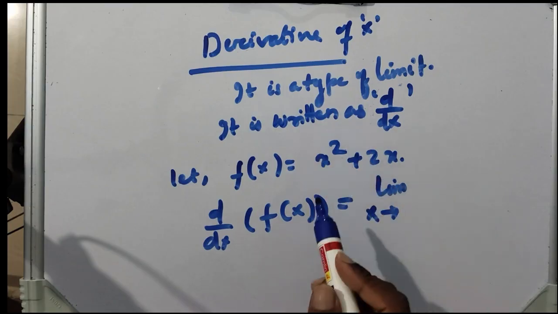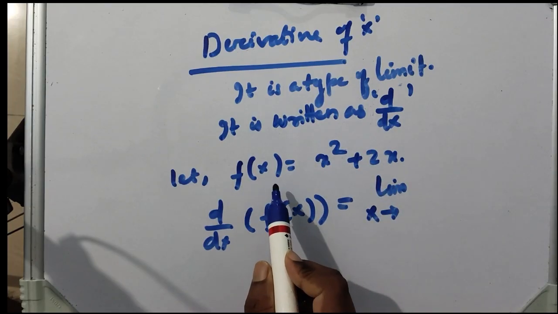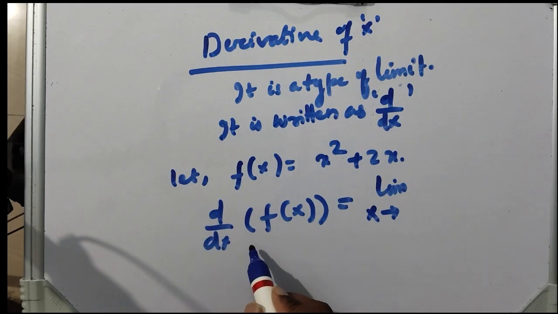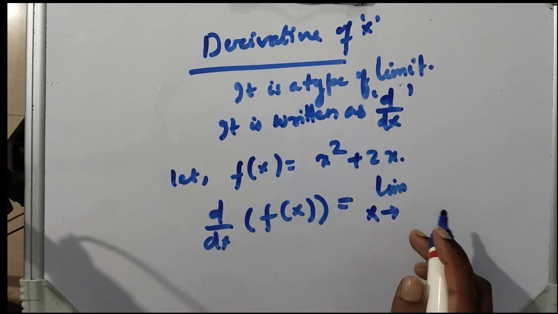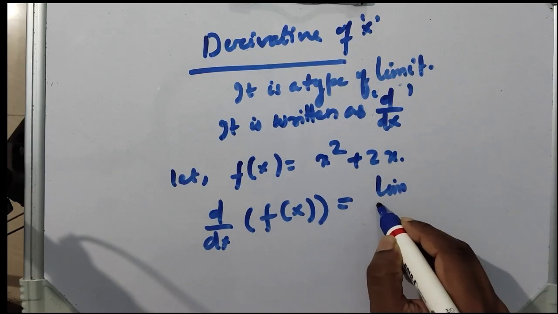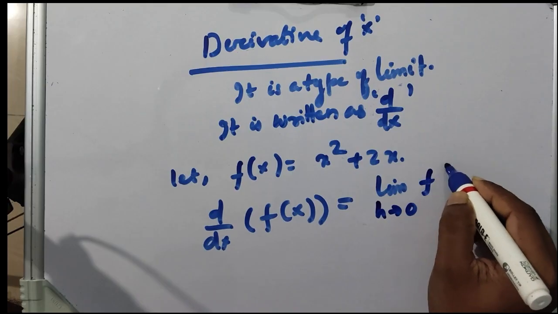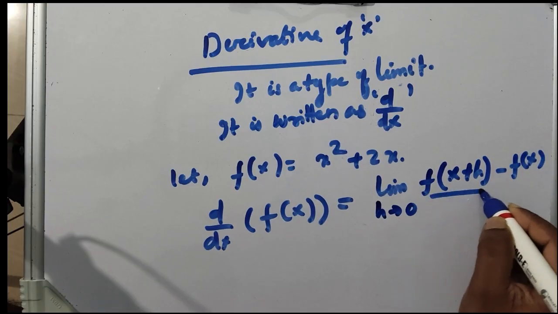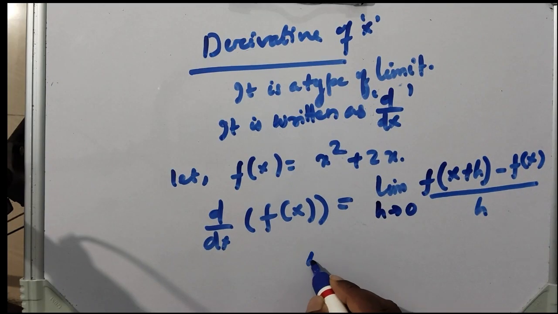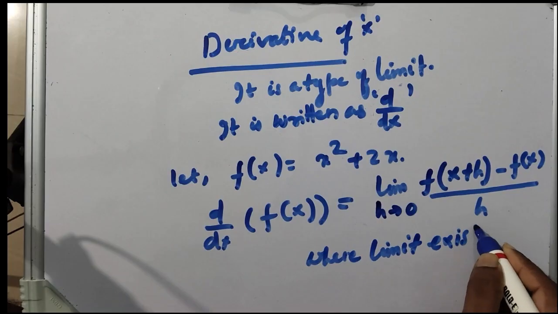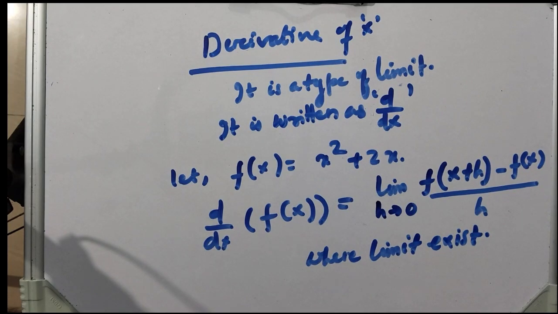Then the derivative of the function f(x) is represented by dy/dx of f(x), which is equal to the limit as h tends to 0 of f(x plus h) minus f(x) by h, where the limit exists. If the limit doesn't exist, then we can't derive dy/dx of f(x).